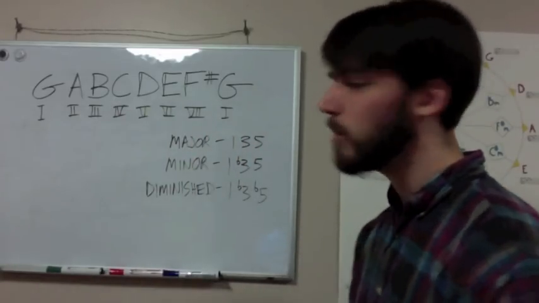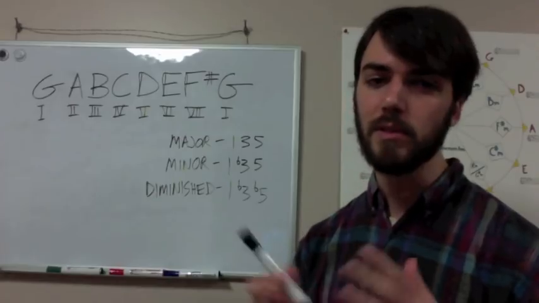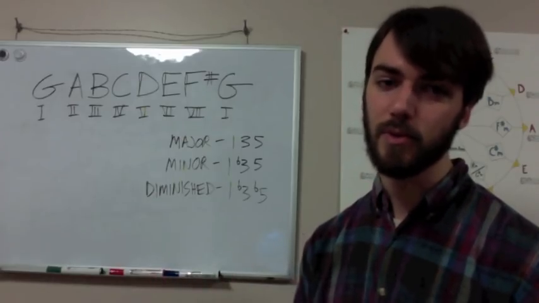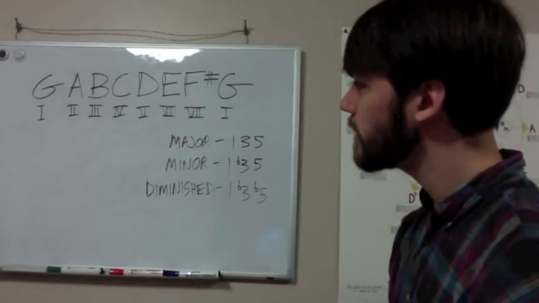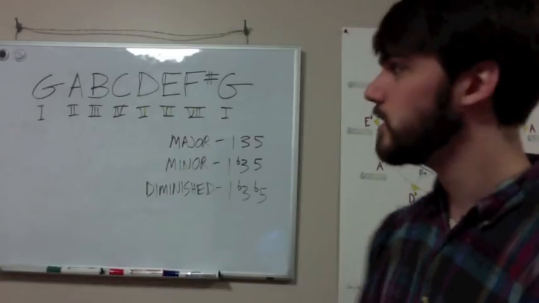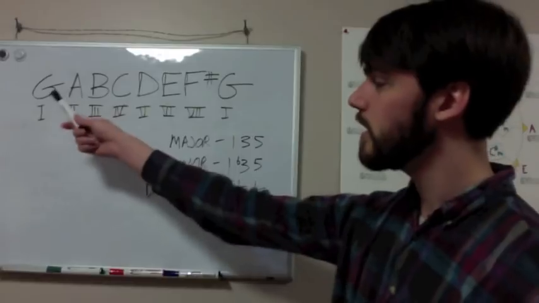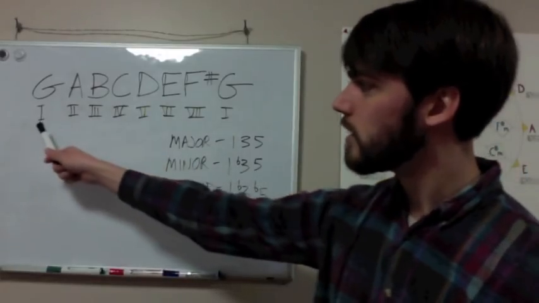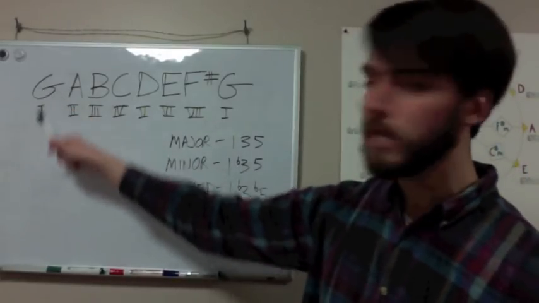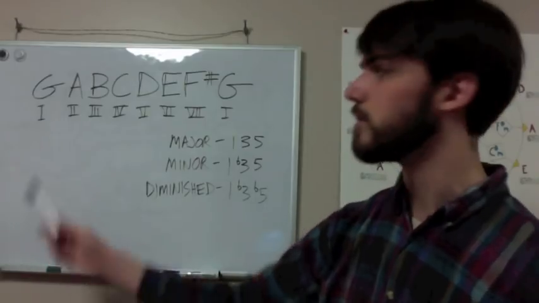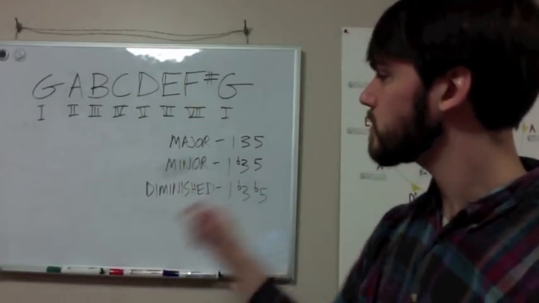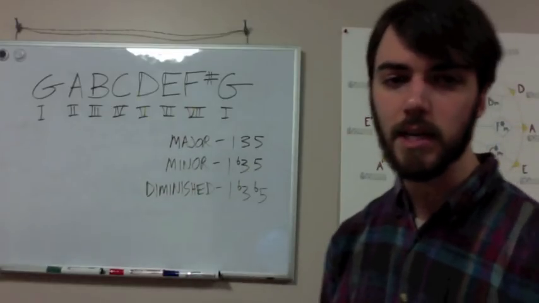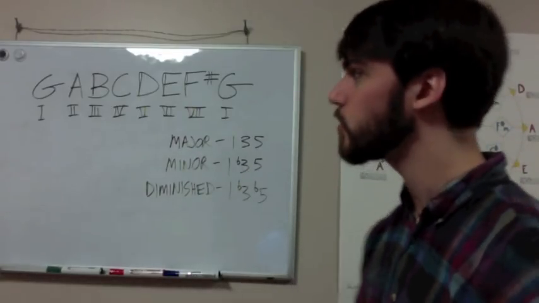Okay, so we're going to start with a G major scale again. We're going to see what we come up with as we build these triads, these three-note chords, out of the notes of a G major scale. The very first step is we need to get the scale, which we have here, and we're going to start by making a triad. So we're going to treat G as if it's the first note of the scale, which it is, and then we're going to take G, B, and D, just like we learned to do in the last lesson about triad creation.